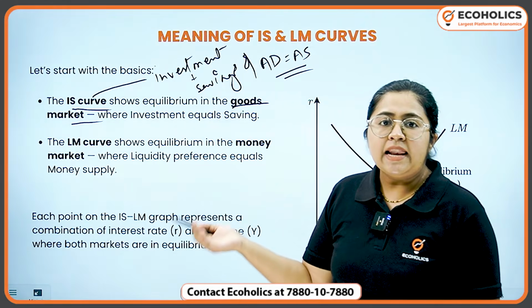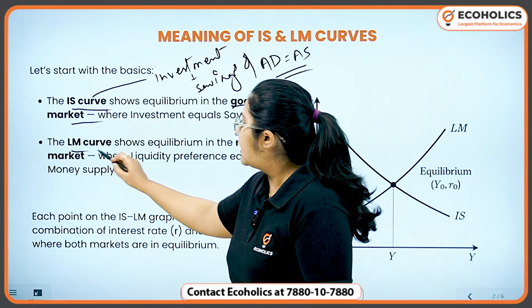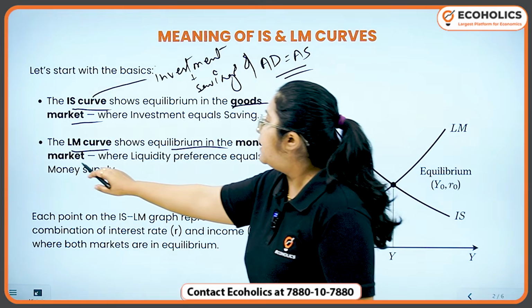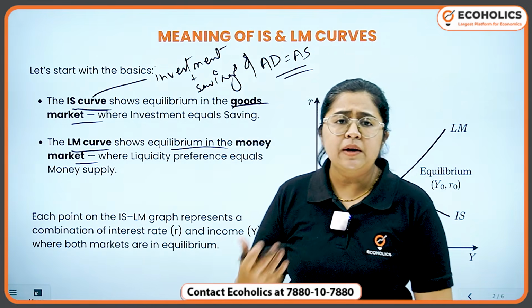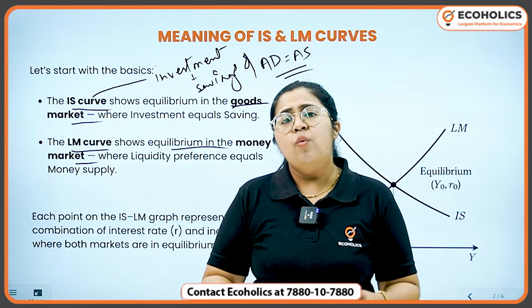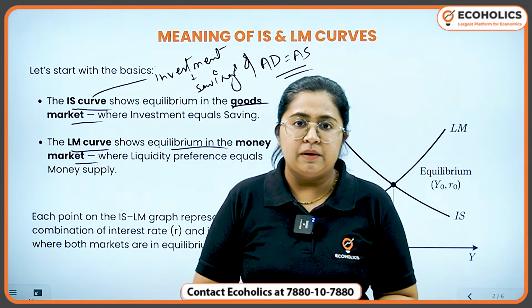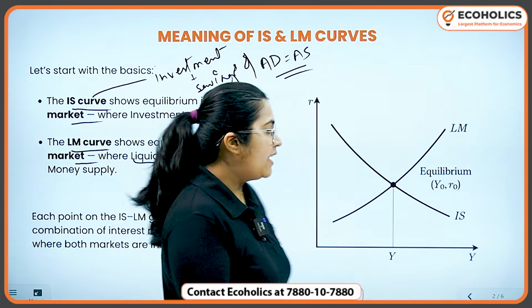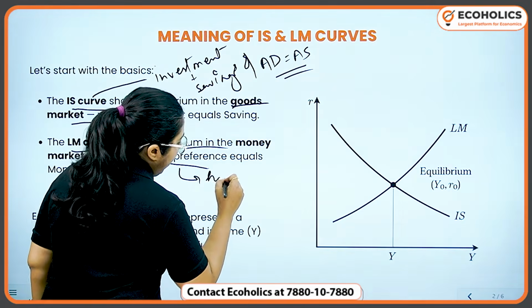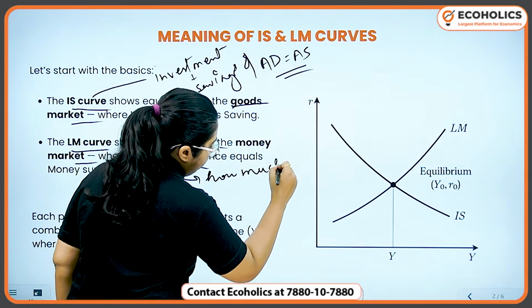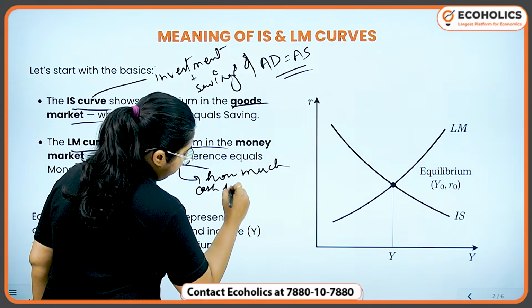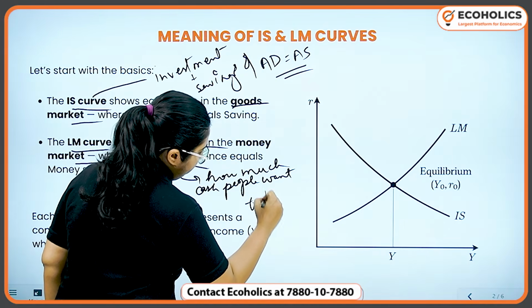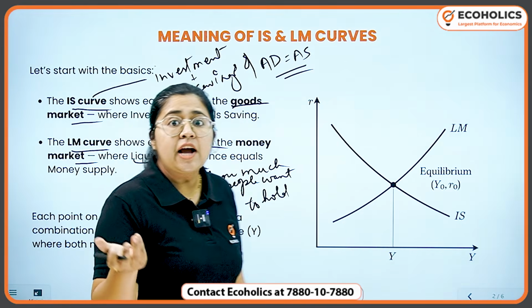Then we talk about the LM curve. Now what actually is the LM curve? The LM curve shows the equilibrium in the money market. Equilibrium in the money market means: what is the liquidity preference of people? Simply, if you want to talk about liquidity preference, we can say: how much cash do people want to hold?